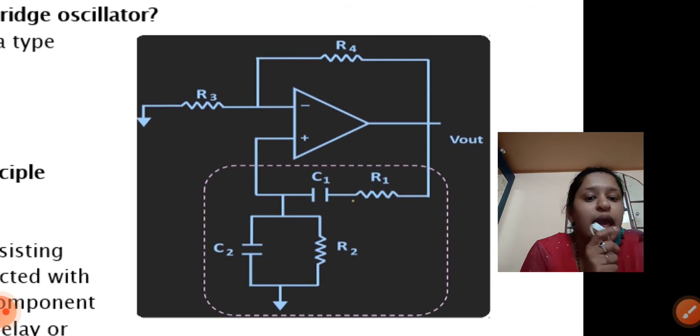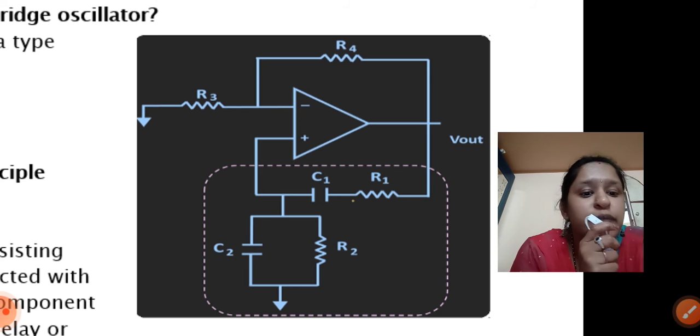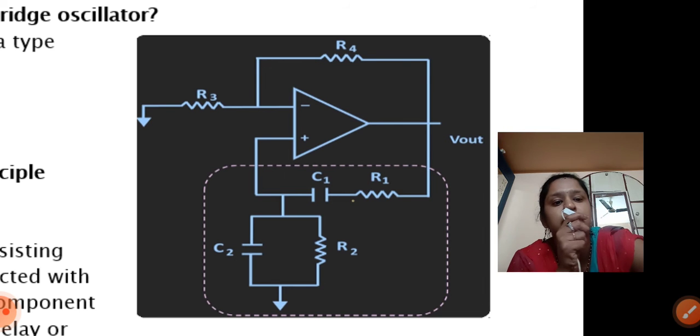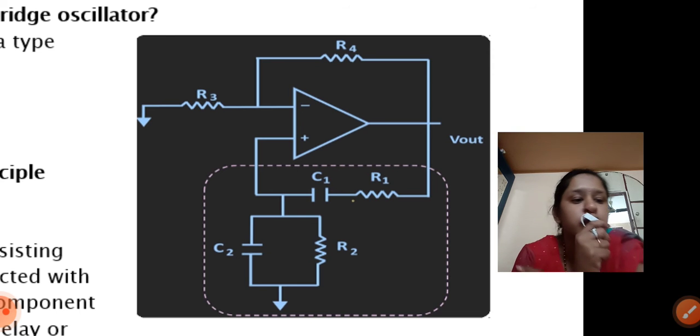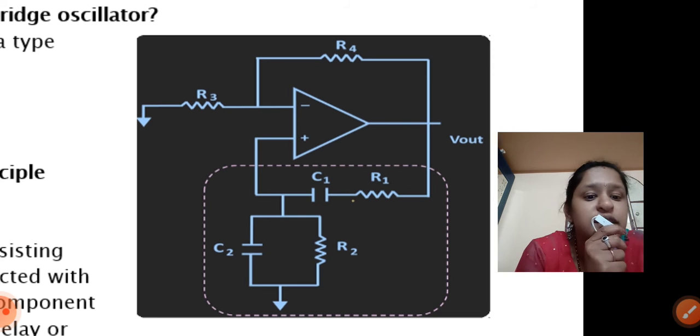The input terminal and the output terminal of the bridge have a series RC network. One arm is a series RC network and another arm is a parallel RC network.